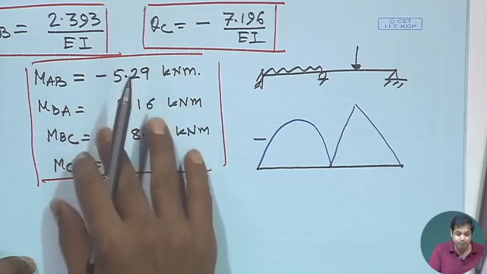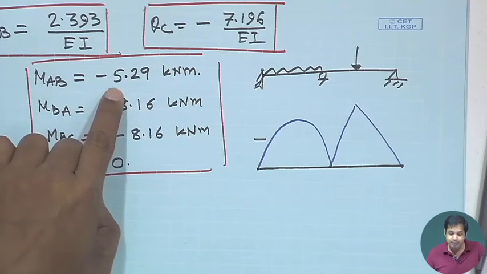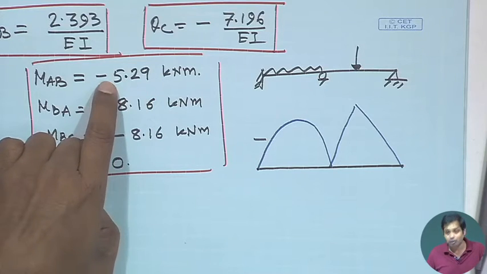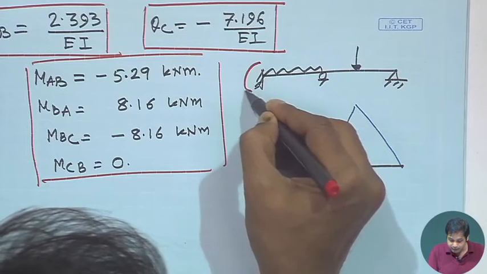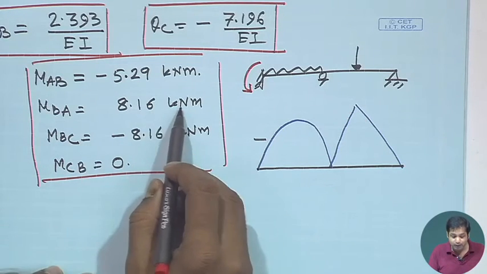Let us see how these moments look. See, MAB is minus 5.29, which means it is anti-clockwise. Anti-clockwise means this moment is in this direction. Okay, this is MAB, and then MBA is 8.16.